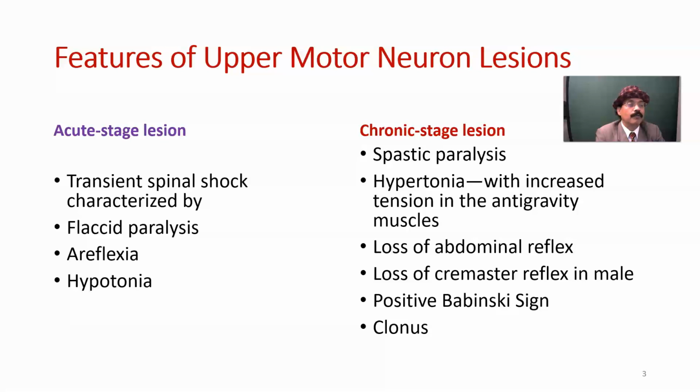So the big toe will go up, there will be dorsiflexion. Clonus is rhythmic contraction of the muscle due to sudden stretching. These are the features of the chronic stage of upper motor neuron lesion.